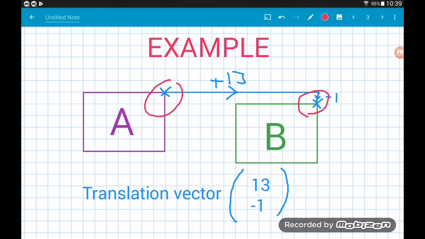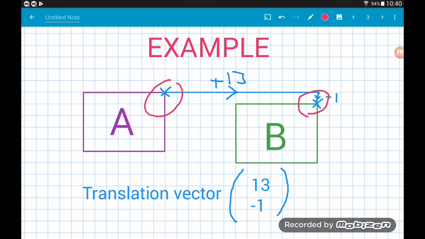Here it turns out the shape has gone 13 places to the right, so our x vector is positive 13, and then it's moved 1 place down, so our y vector is minus 1. So our translation vector is 13, minus 1.